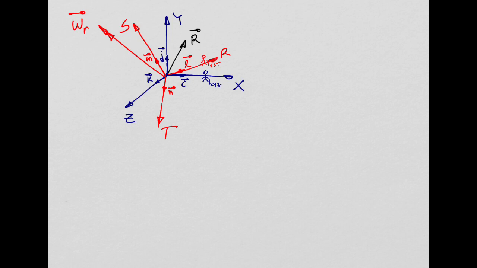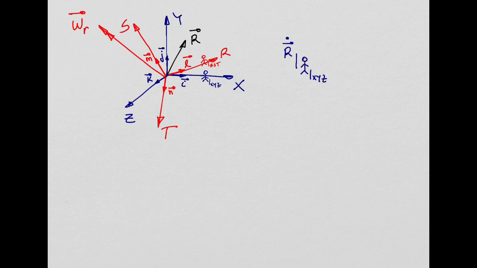Now, I'm going to calculate the derivative, and I'm going to use the blue color. I'm going to calculate the derivative of my position vector that is now perceived by the observer in the coordinate system x, y, z, the fixed coordinate system.